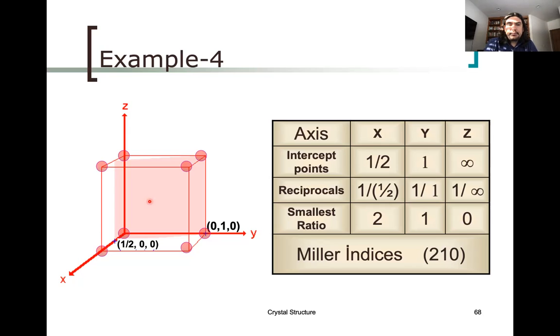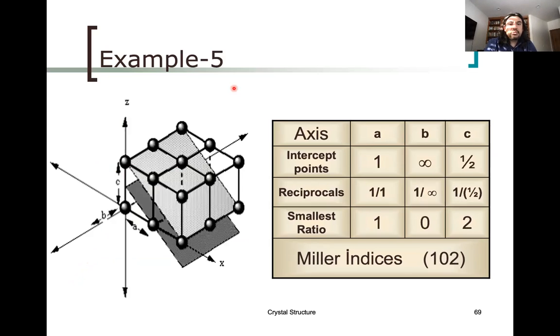All right, so then let me move to this one. It's a little bit different coloration. Here, this is from an actual paper that they drew it like this. This is the 1, 0, 2. And these are several unit cells together.